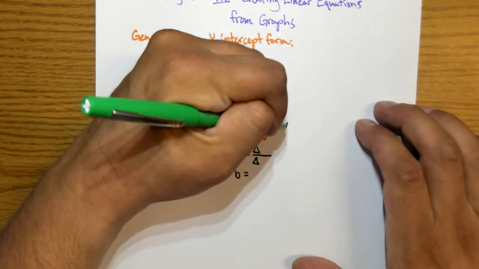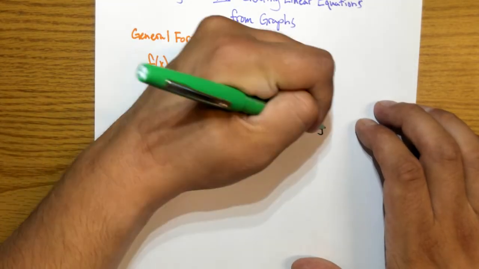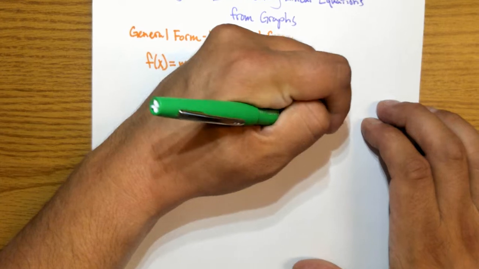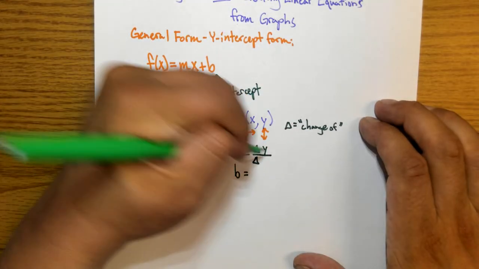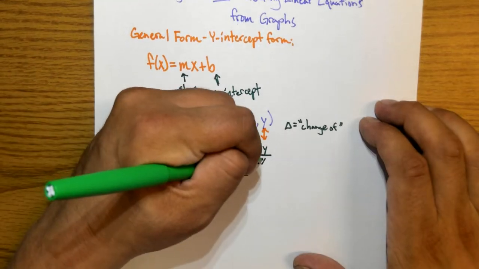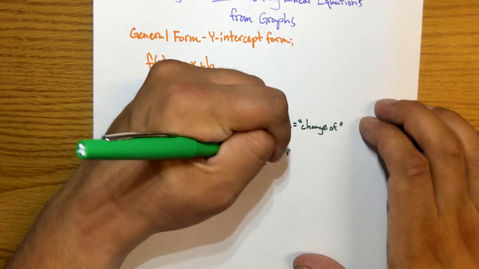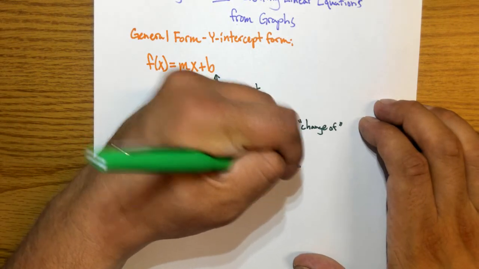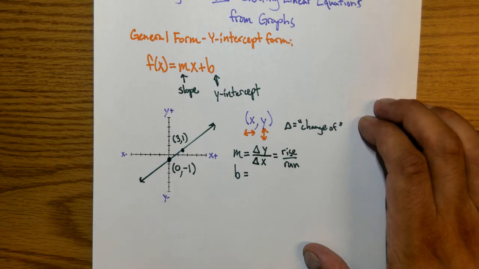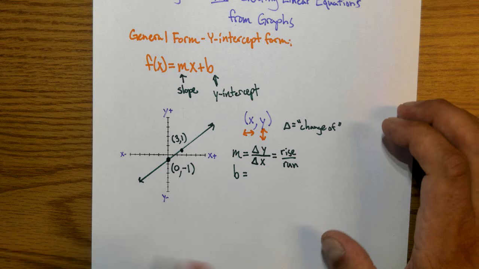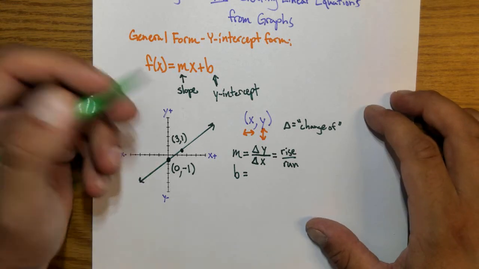So how much y changes over how much x changes, or as we've probably seen it before, rise over run. How much it goes up or down, divided by how much it goes left or right. Now b, remember, that's just the y-intercept.